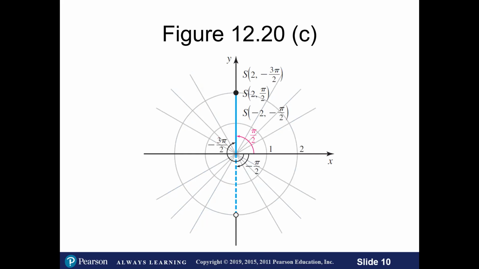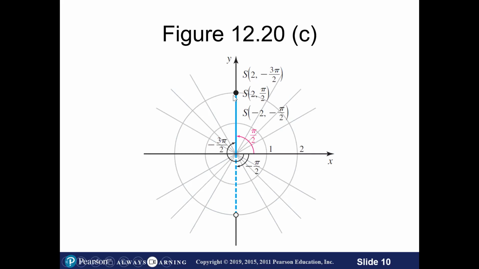Finally, last example, we have the point (2, negative 3 pi over 2). So we're going to go 2 units away from the origin, and rotate negative: 1 pi, 2 pi, 3 pi, to get to the point S here. How else could we do that? Well, we could have just gone 2 units and gone pi over 2 in the positive direction.